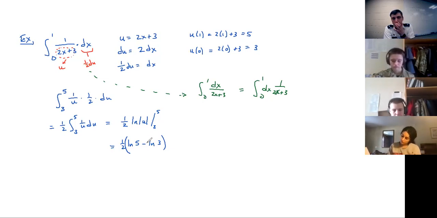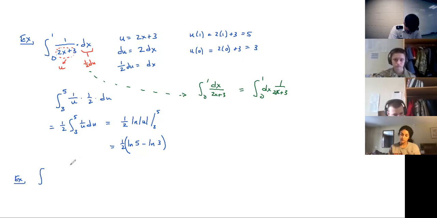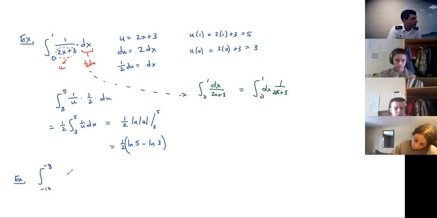Yeah, well, so yeah, if I had 2x plus 3, I gotta make sure that I don't, well, I can just go from like say -10 to -8, right? Of 1 over 2x plus 3 dx.